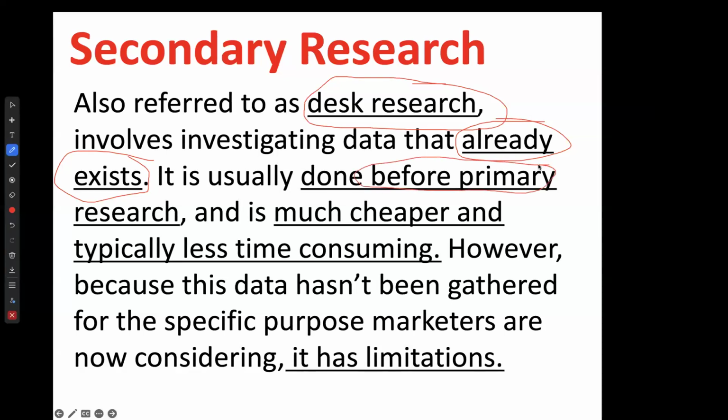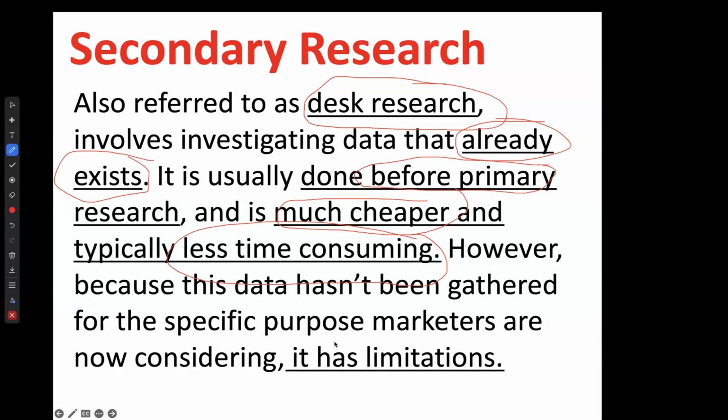You gather data before primary research because it's much cheaper, less time consuming, and also if it can solve the problem fast, right, and cost effective manner, you then can ensure you move on to the next marketing problem. So secondary research or desk research is always done first.